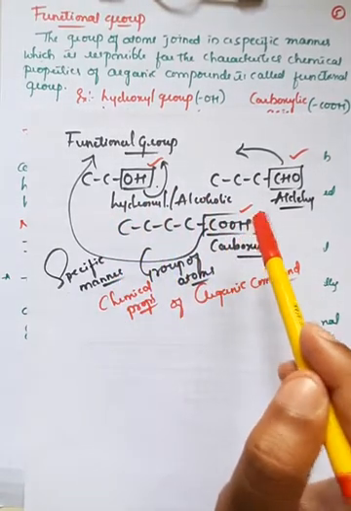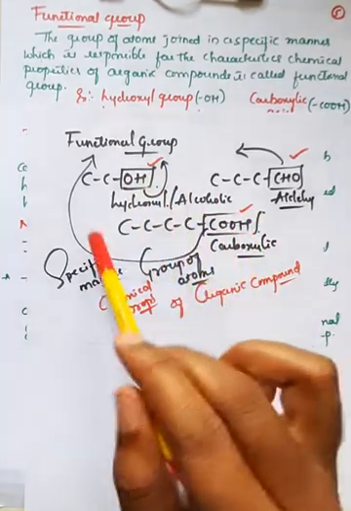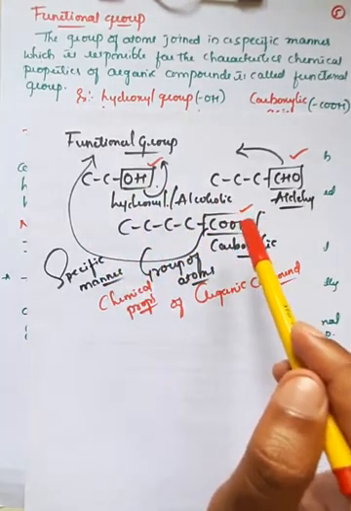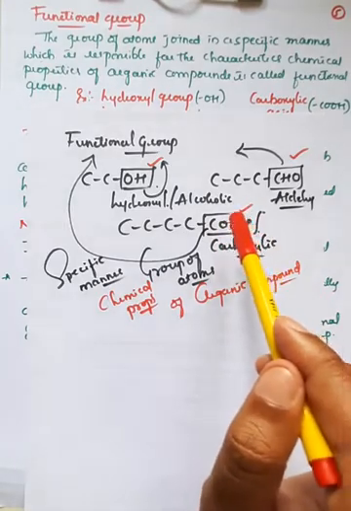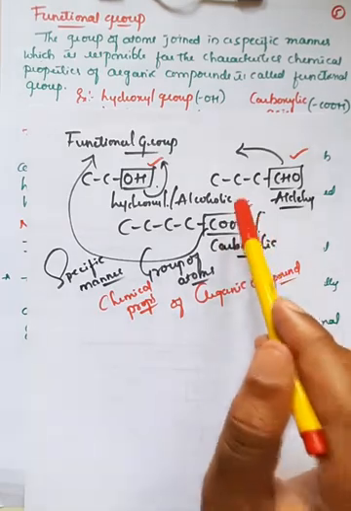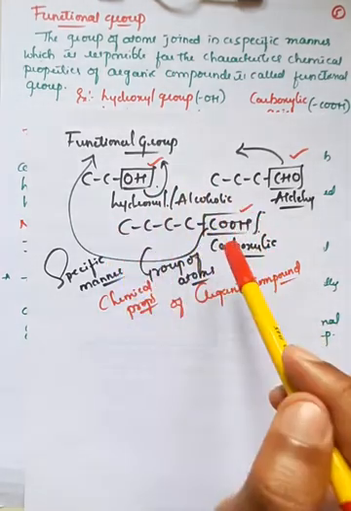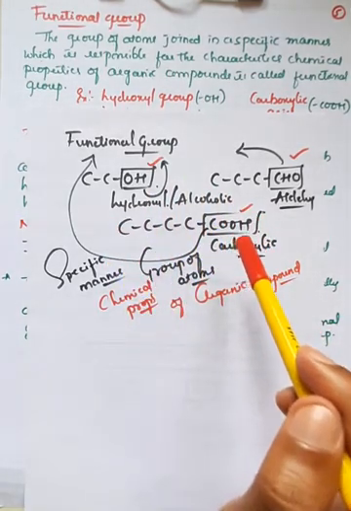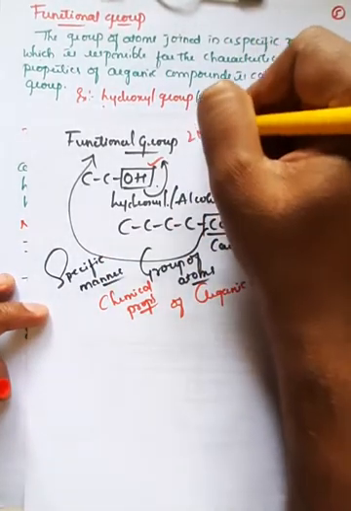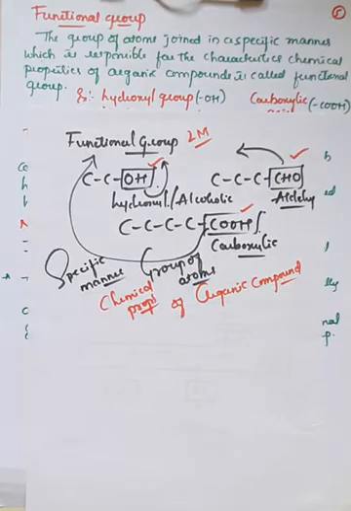The functional group plays a major role in the identification of the complete molecule. Therefore, these are the groups of atoms joined in a specific manner, which are responsible for the overall chemical properties of the complete organic compound. So these are specifically called functional groups, right? This can be asked for 1 mark, or it may ask for 2 marks with examples in your annual examination.